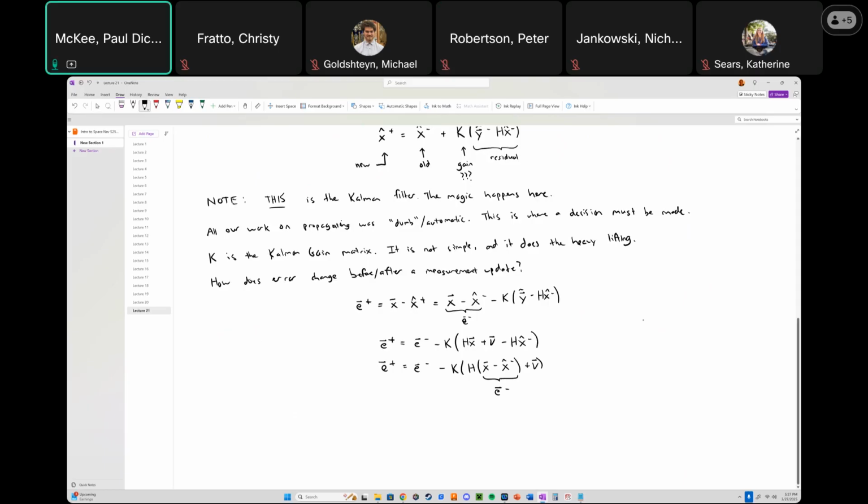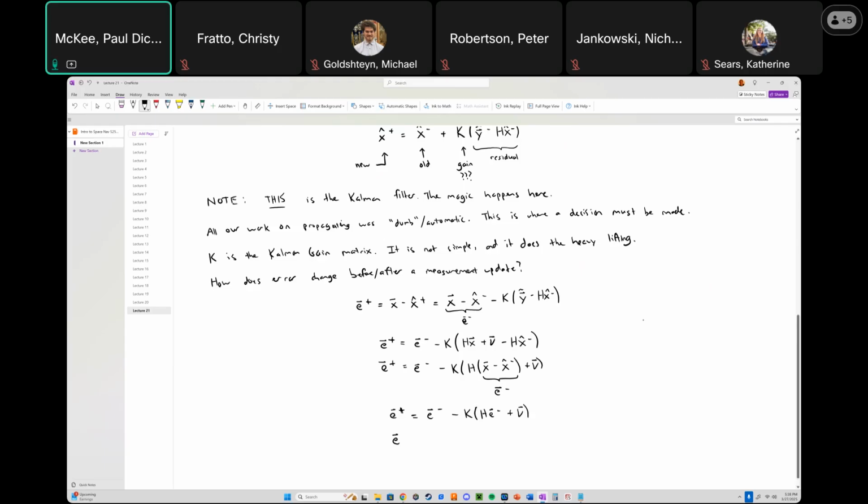So here it is again. Our error after the update, we want to get this entirely in terms of the before and after error. I don't want to talk about state. I want to say the after picture error is the before picture error minus K, and then we have H times the before picture error plus nu. Okay. And then I'm just going to rework this equation, just algebraic manipulation.